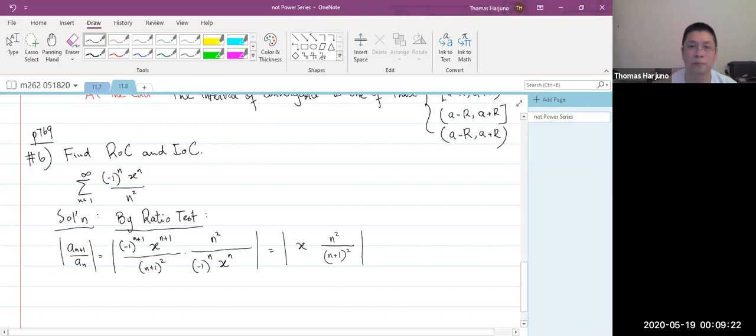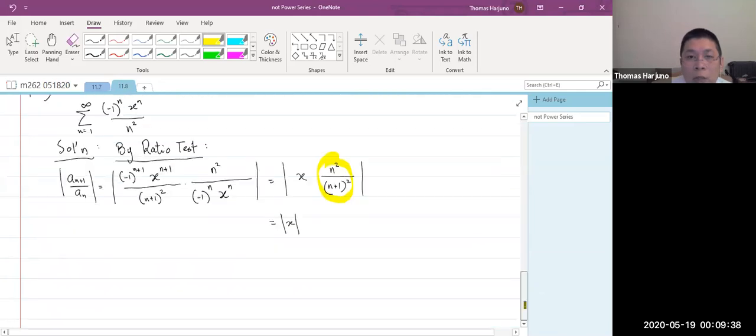Is it right? The n squared over (n plus 1) squared is non-negative, so I don't need absolute value for that. That's 1 over (1 plus 1 over n) squared. Are you following me? Yes.